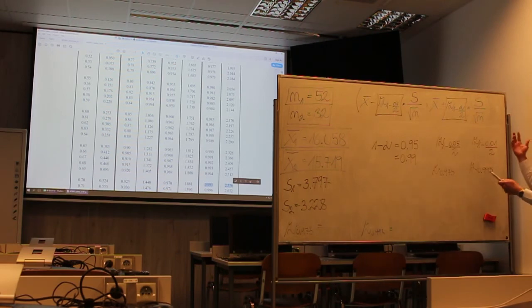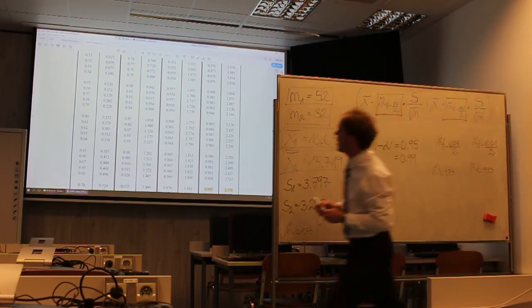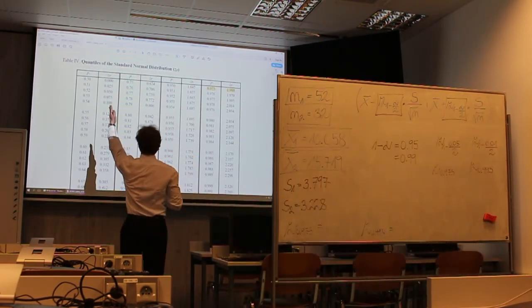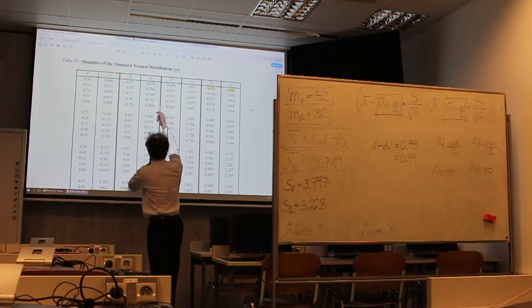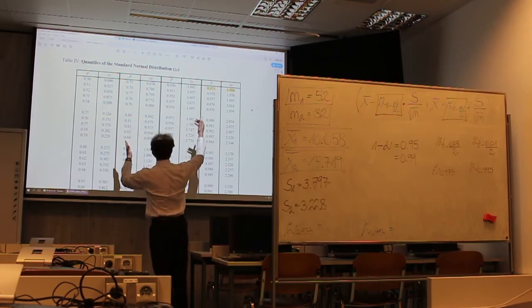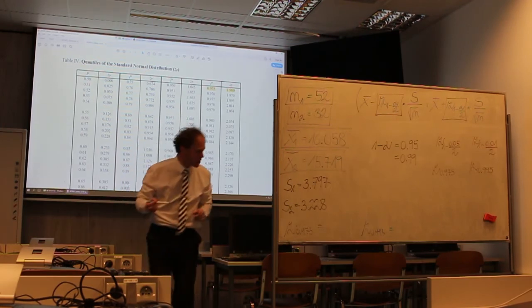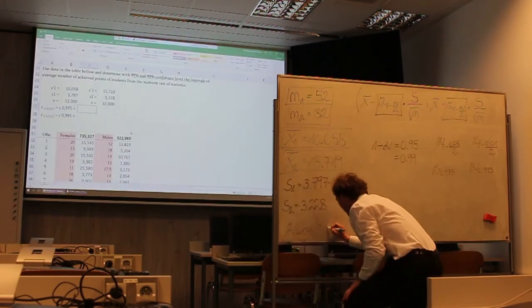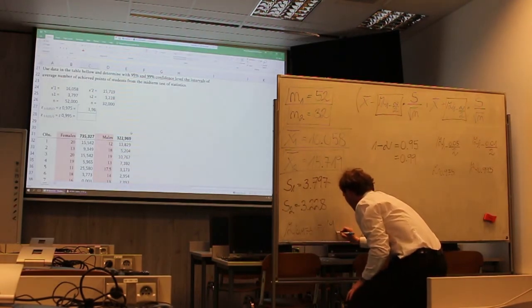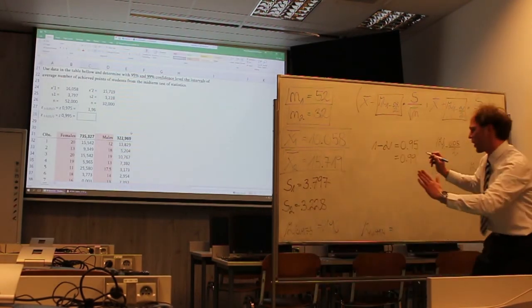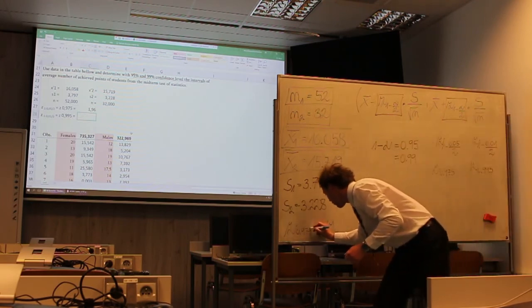So we will check our tables, the table for quantiles of the standard normal distribution. For p-value 0.975, you know, it is 1.96. So this will be the first important quantile for us.